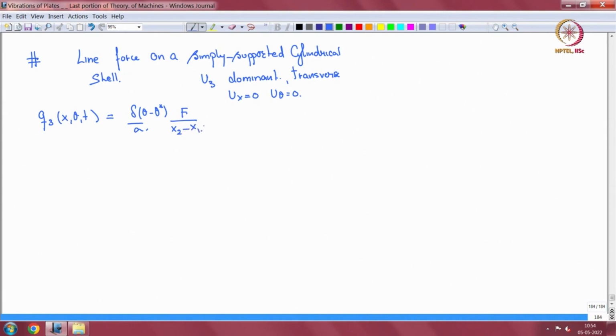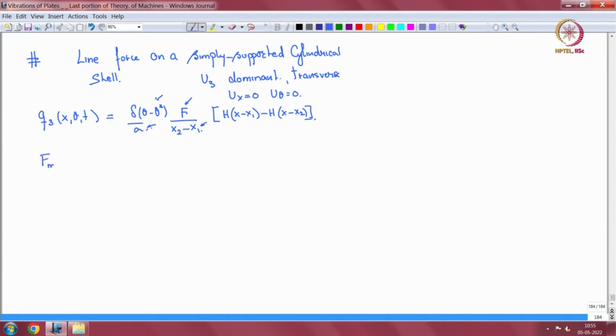This is force over unit length, and then I set a Heaviside function h x minus x1 minus h x minus x2. So this is force per unit area, and the units are okay.